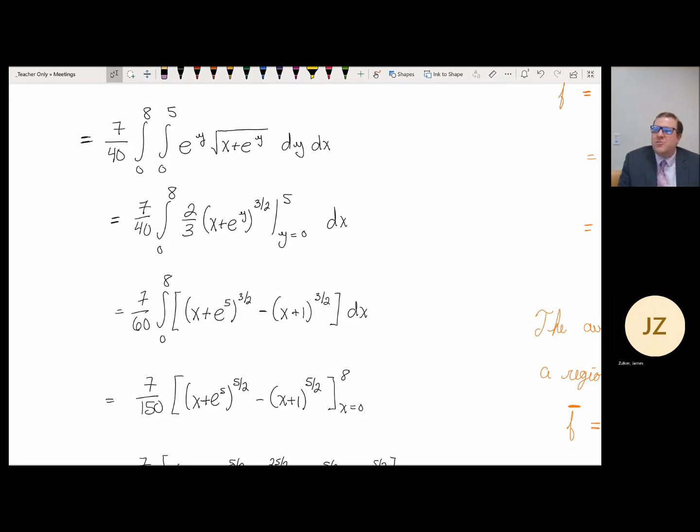So you can think of that square root as just square root of u, and that antiderivative is 2/3 u to the 3/2. So 2/3 quantity x plus e to the y to the 3/2. That's how we got to there.